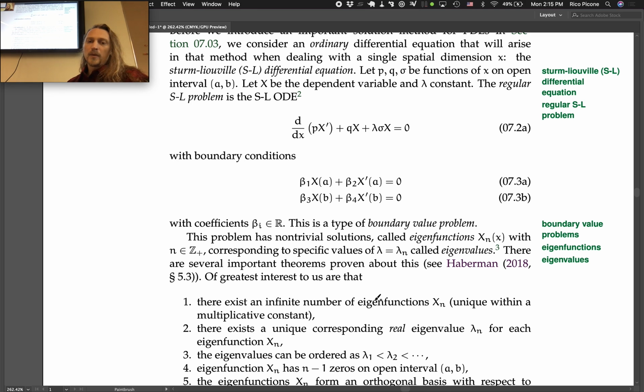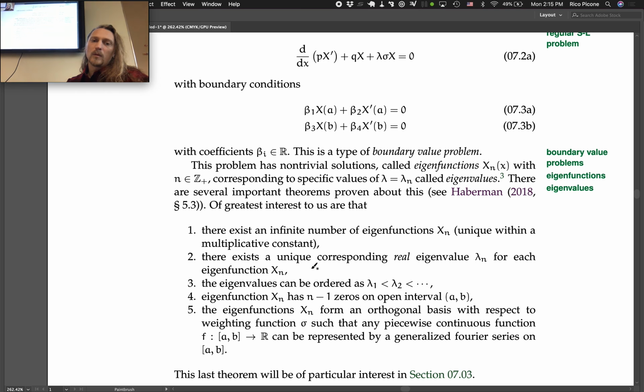There are several important theorems proven about this. Of greatest interest to us are that, one, there exists an infinite number of eigenfunctions, X_n, unique within a multiplicative constant. So there is an existence of these solutions. Two, there exists a unique corresponding real eigenvalue, lambda n, for each eigenfunction, X_n.